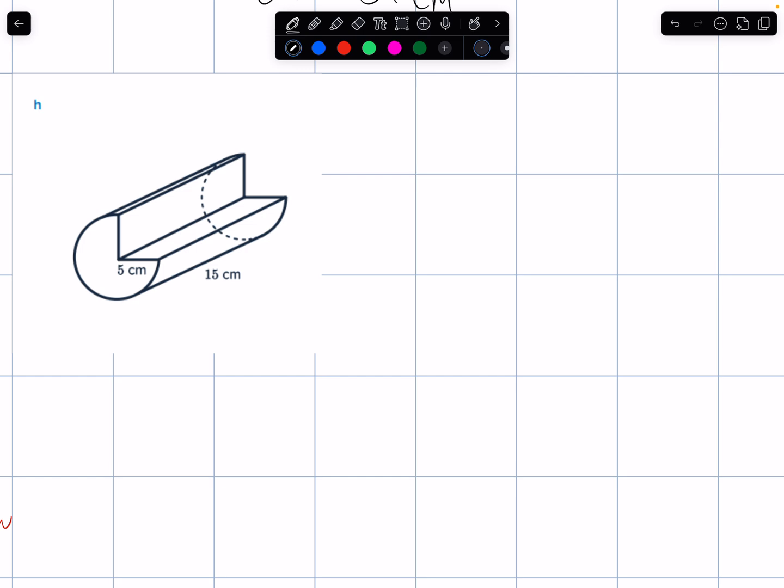This is an interesting problem because there's multiple ways you can attempt it, but if you're using the formula for a cylinder, you need to understand that you're only looking at part of a cylinder, right? The part of the cylinder that you're looking at is here. Now, this is 3/4 of a face.